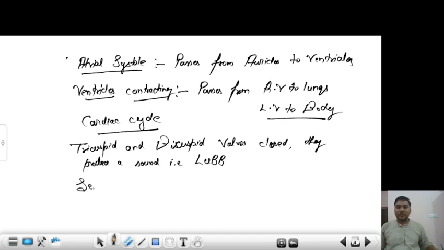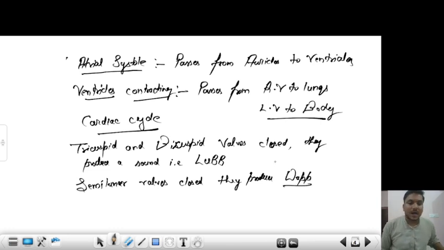And when the semilunar valves close, they produce dub. So basically, these two sounds are heard by any doctor with the help of a stethoscope to know whether the heart is functioning well or not.